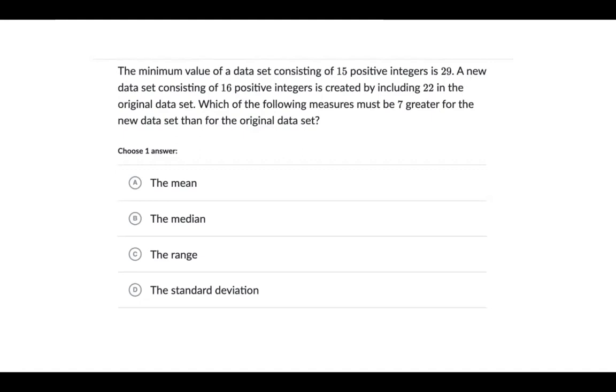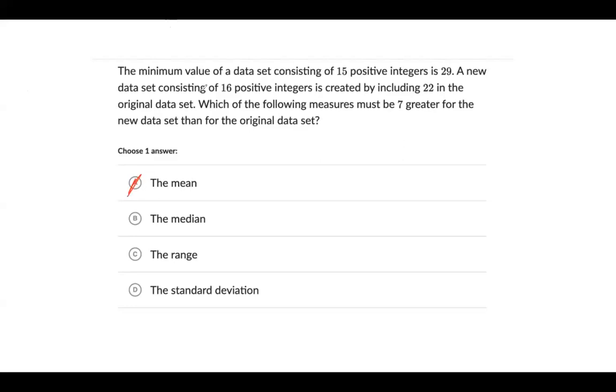All right, so the minimum value of a data set consisting of 15 positive integers is 29. A new data set consisting of 16 positive integers is created by including 22 in the original data set. Which of the following must be 7 greater for the new data set than for the original data set? First thing we can say is A can't be it because we don't know what the mean is.